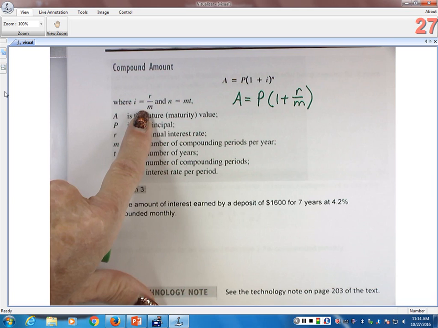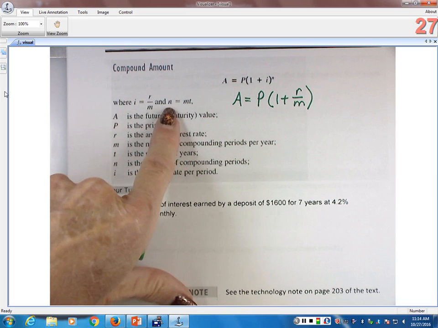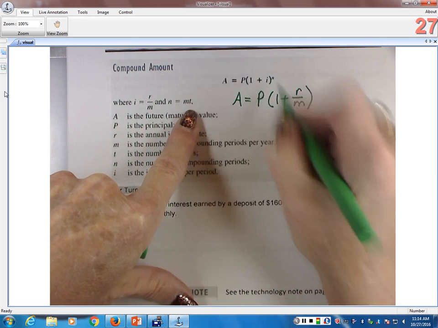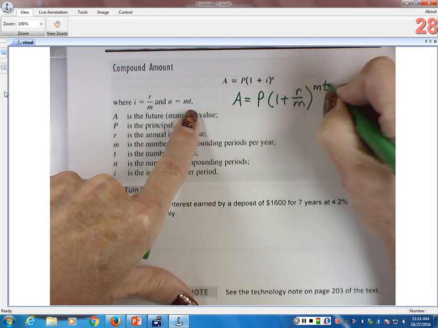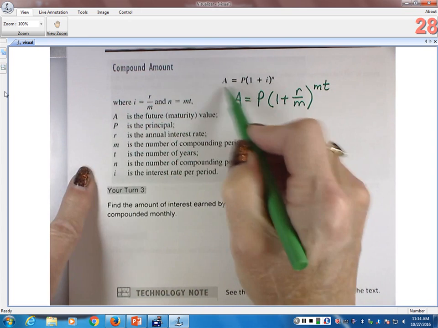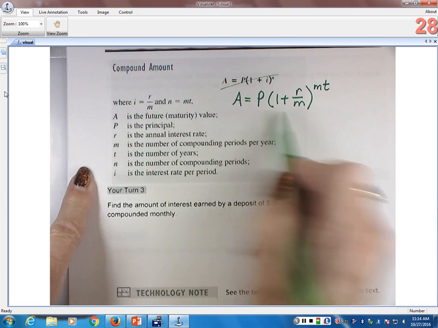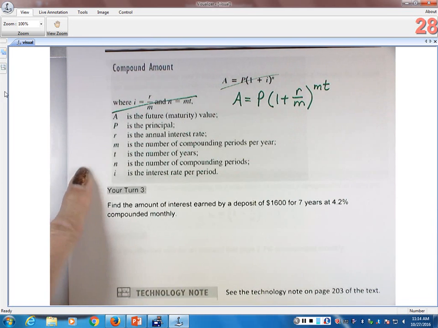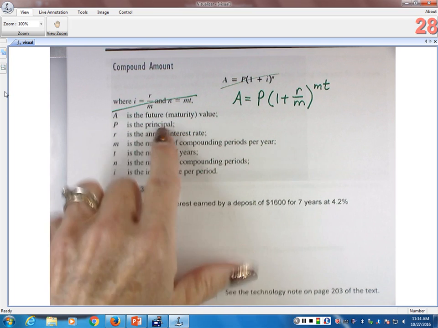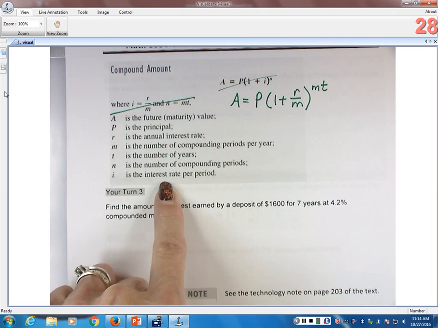That might be an easier way to remember it. And N is M times T, and since the power is M, the power is M times T. That way, if you use this formula instead of that formula, you don't need to think about what this is. So when I give you the formula sheet for the test, I'll probably put the formula on there that way, because it's easier for you to remember. Now what you're going to have to remember, though, is what all these things stand for.